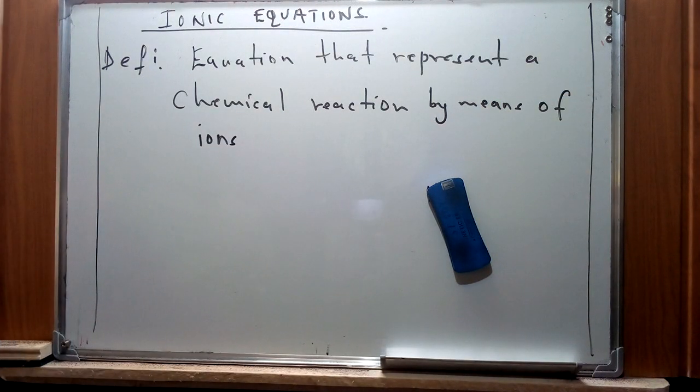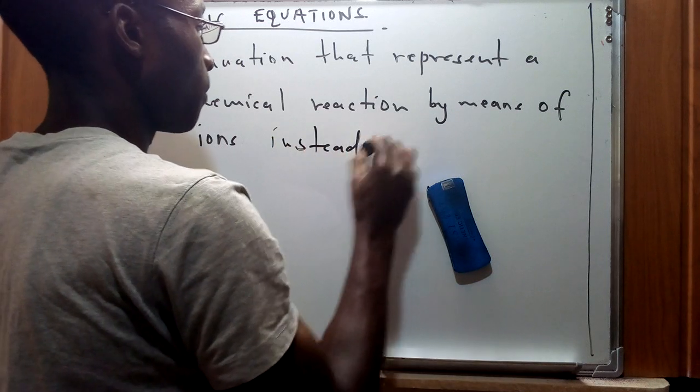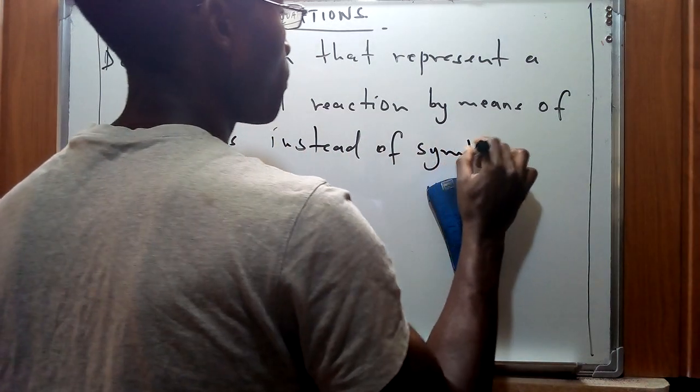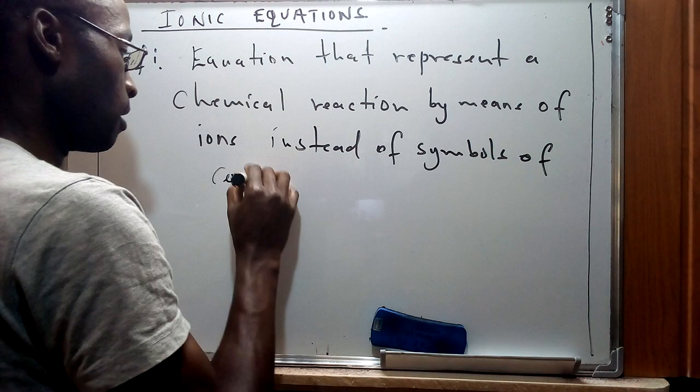So for these, from the general definition, we use ions for the reacting species and the product, instead of symbols of compounds.